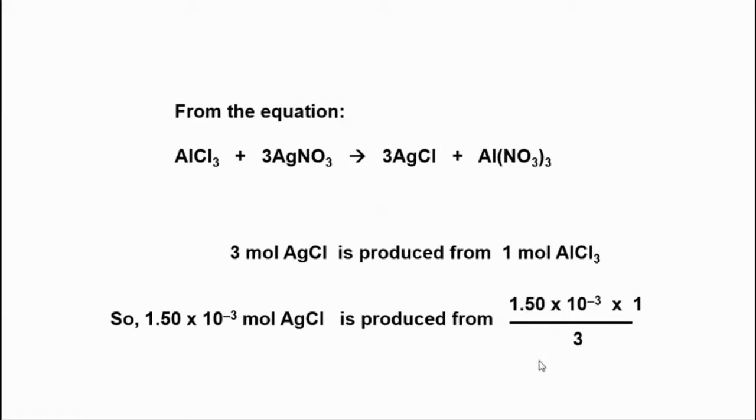You calculate this and the answer should be 5 times 10 to the power of -4 mole of aluminum chloride. This is the mole of aluminum chloride reacted, if the mole of silver chloride produced is 1.5 times 10 to the power of -3 mole.